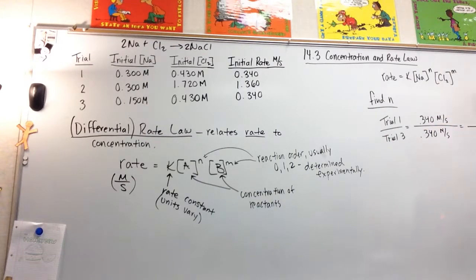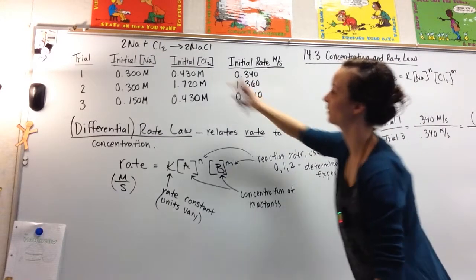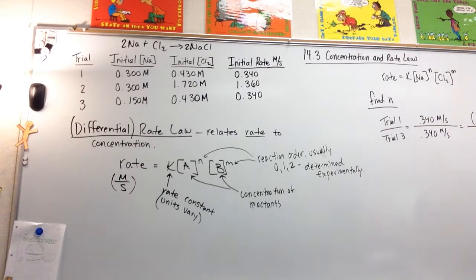And then I'm going to apply the rate law here. This is equal to the concentration of Na for trial 1, which is 0.300 molar to the N power, times the concentration of chlorine, 0.430 molar to the M power. That's trial 1.